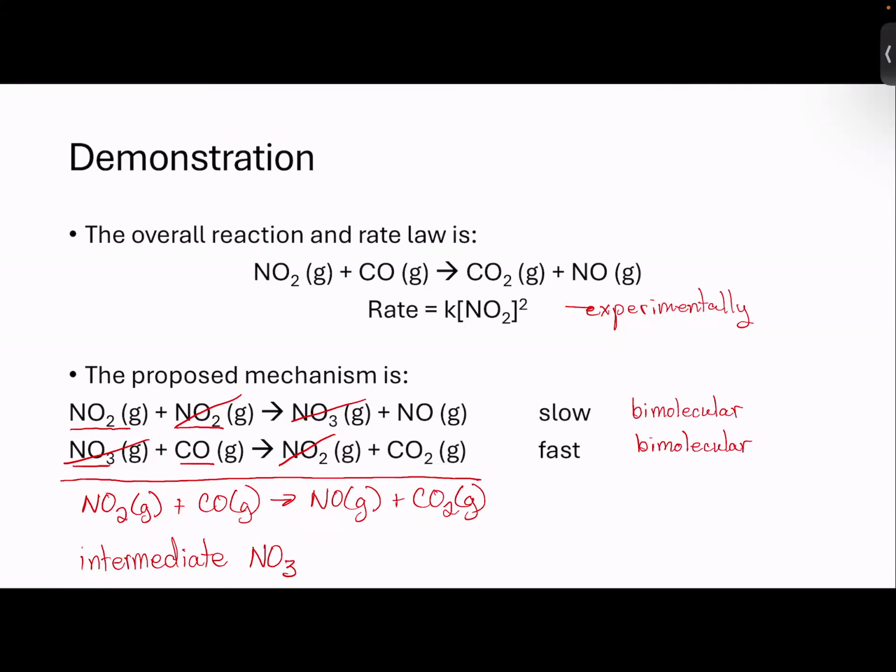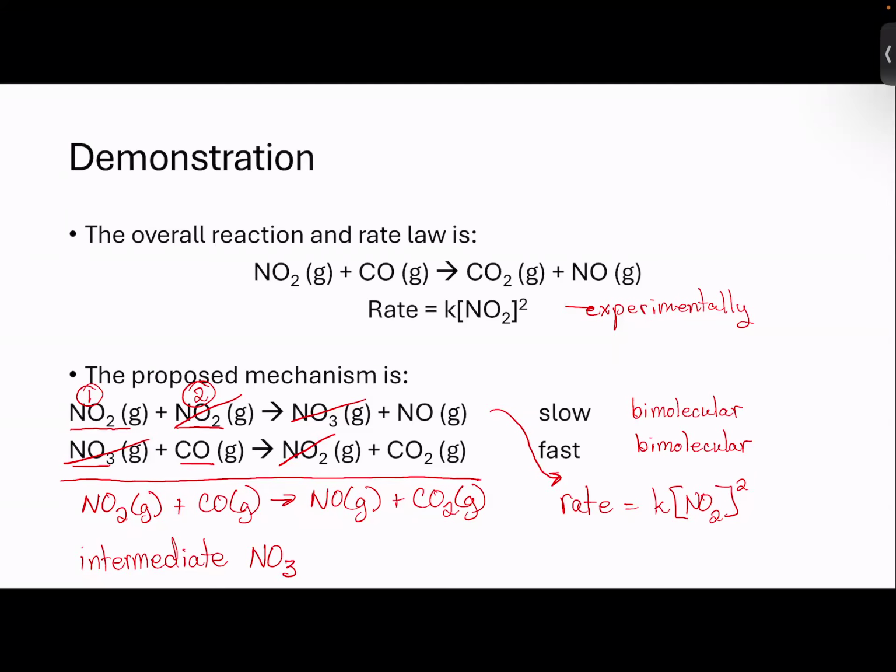Now, the nice thing is when you're talking about a rate law for an elementary step, it is related to stoichiometry. So this is rate equals k times the nitrogen dioxide, and that nitrogen dioxide is squared because you have two nitrogen dioxide molecules.